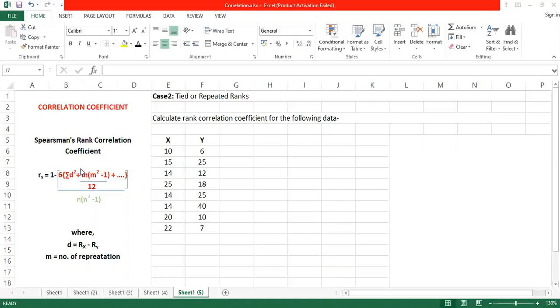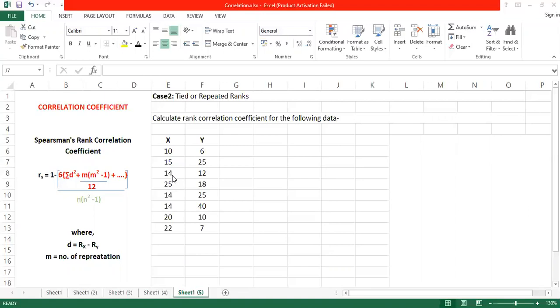We have added this element newly, right? This says m square minus 1 and plus it is dot dot. Why? Because if only one value is repeated, then you have to add this only once. If two values are repeated, you have to add the same element twice, three thrice. So the number of times different values are repeating.